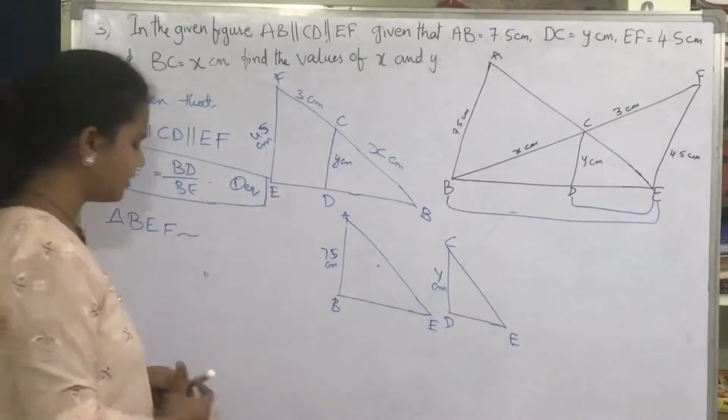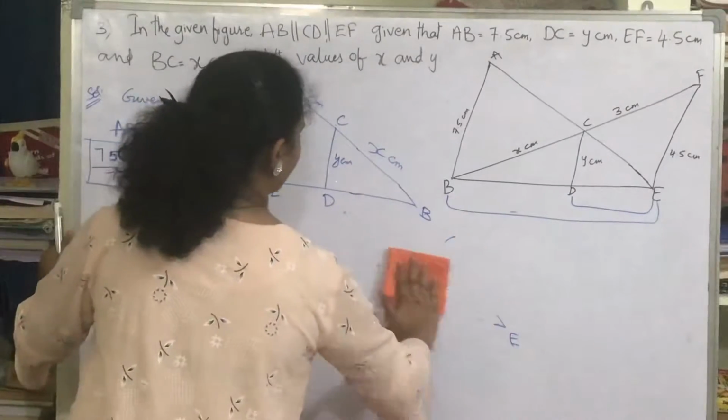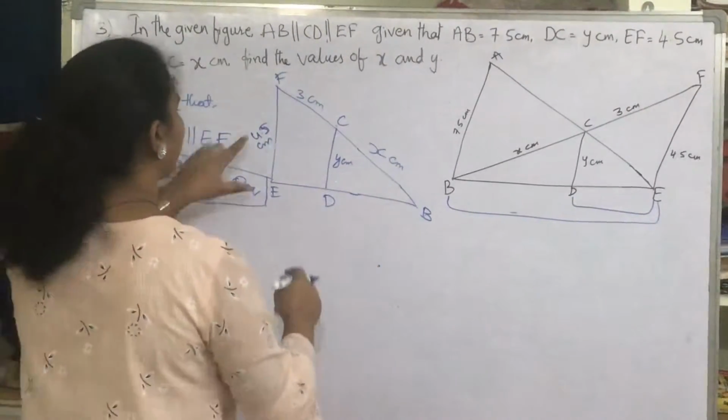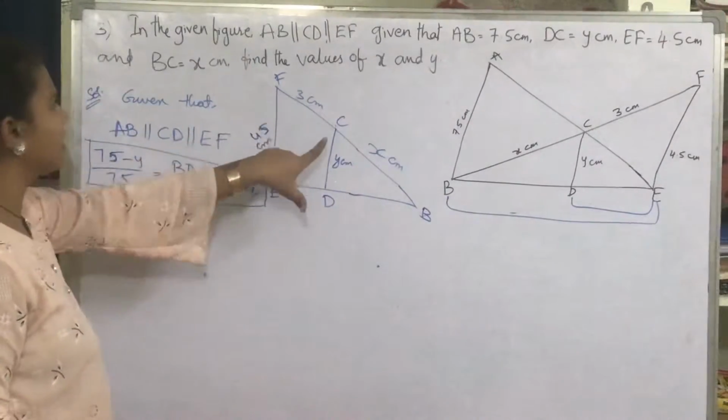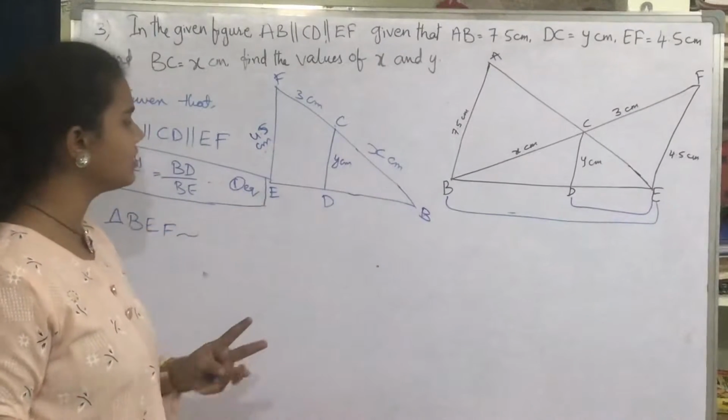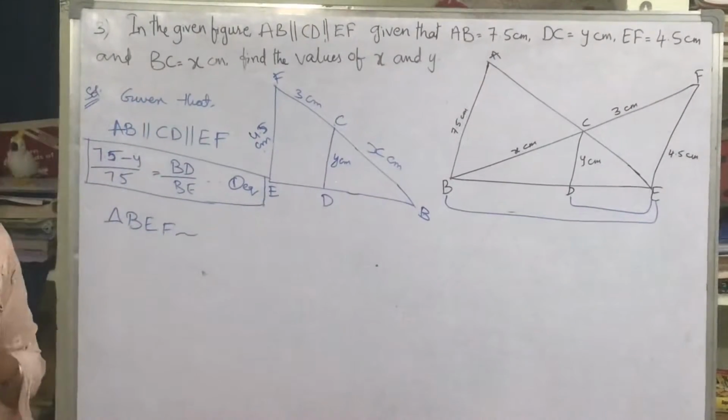So now let's draw the given triangle. If you observe this figure, you can look into two triangles, where BEF will be the first triangle and BDC or BCD will be the second triangle.